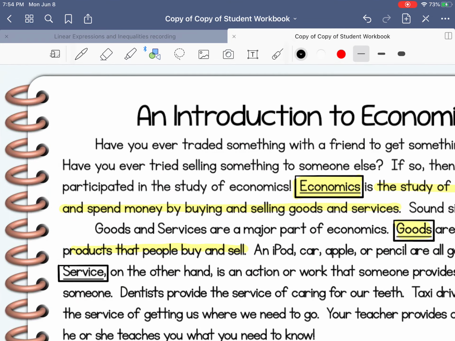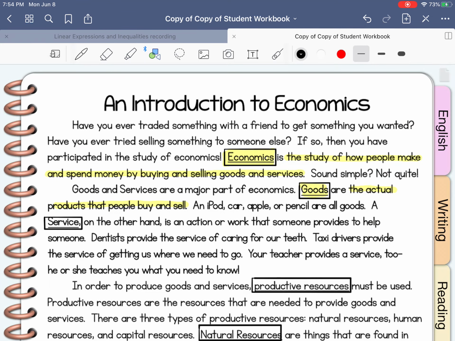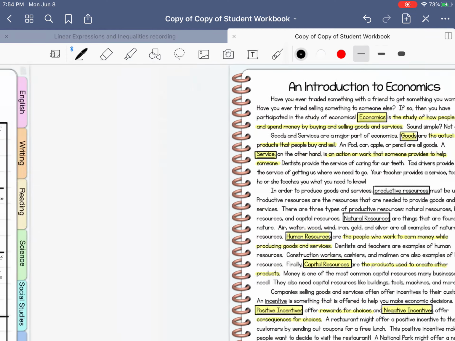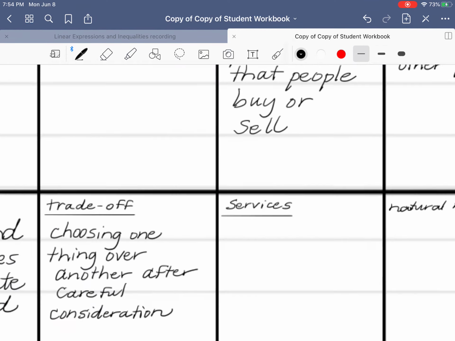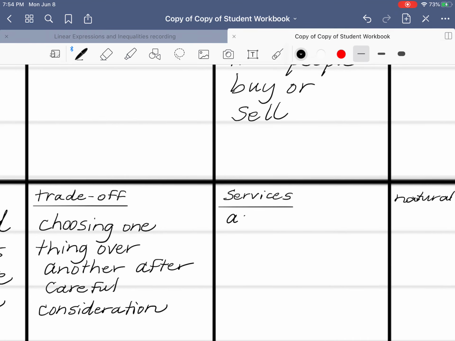Services. This is singular, but a service, on the other hand, is an action or work that someone provides to help someone. Actions or work that someone provides.